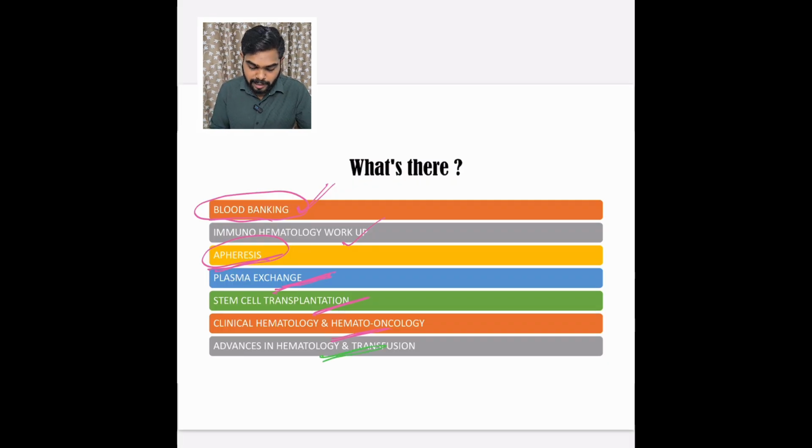And there are many advances in hematology and transfusion, such as autologous donation, freezing, regeneration, blood farming and RBC substitutes. There are also advances in TTI screening: instead of the CLIA machine, we are getting the NAT machine. Many advances happen every year, and these also give a positive aspect to the department.